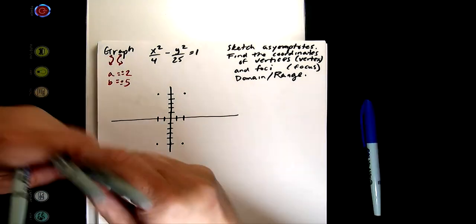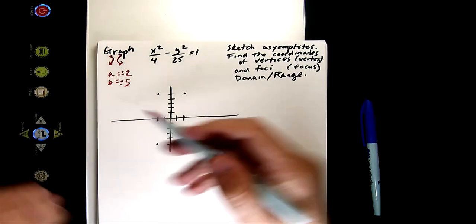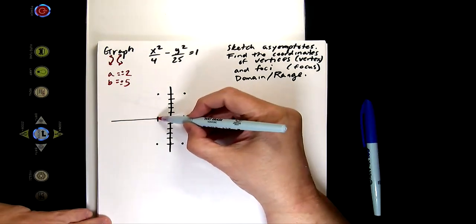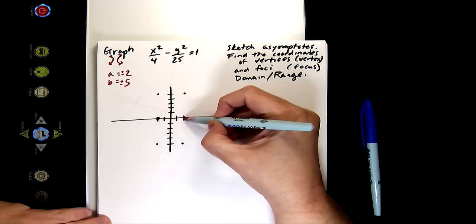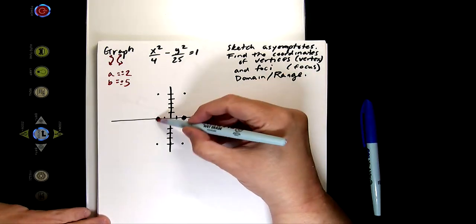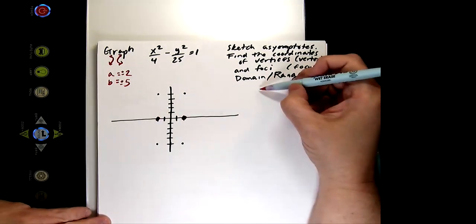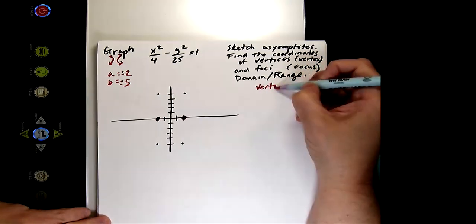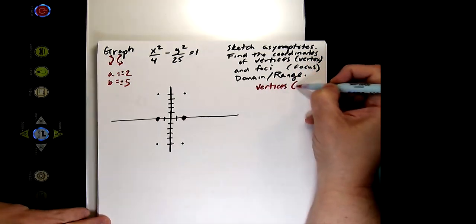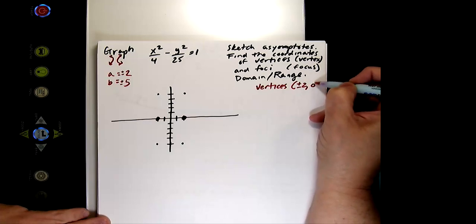I'm going to pencil in my vertices right now. I know they're along the major axis, or the transverse axis, and they're right there. Those are my vertices. And I can see from the picture, the vertices are at plus or minus 2, 0.